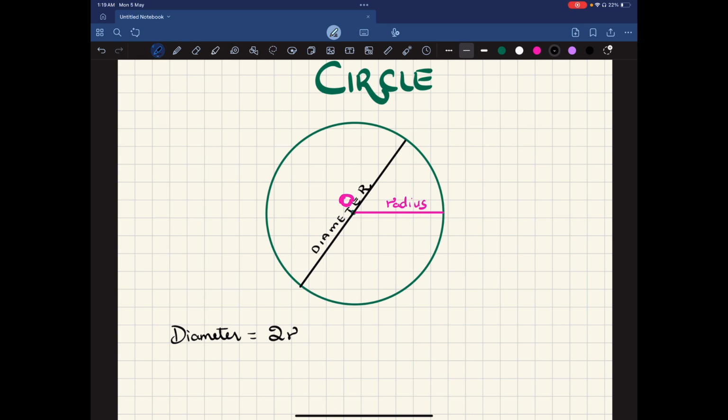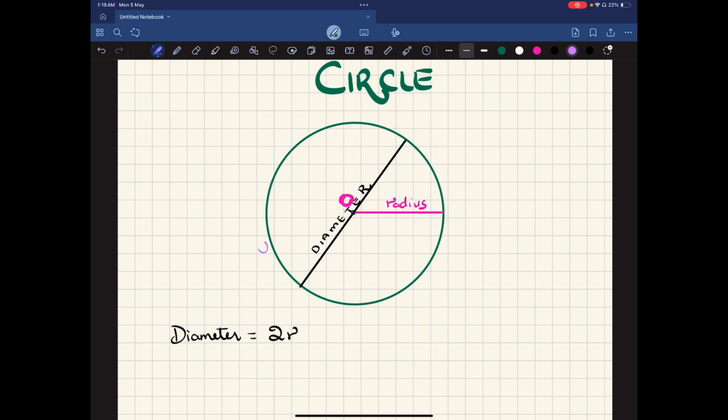Okay, now what is the circumference of the circle? The circumference is the name that we use for the perimeter of a circle. The sum of outer sides is the perimeter for a circle because it is a curved path that the circle follows. This red line is basically the perimeter of the circle, right? This is known as the circumference.